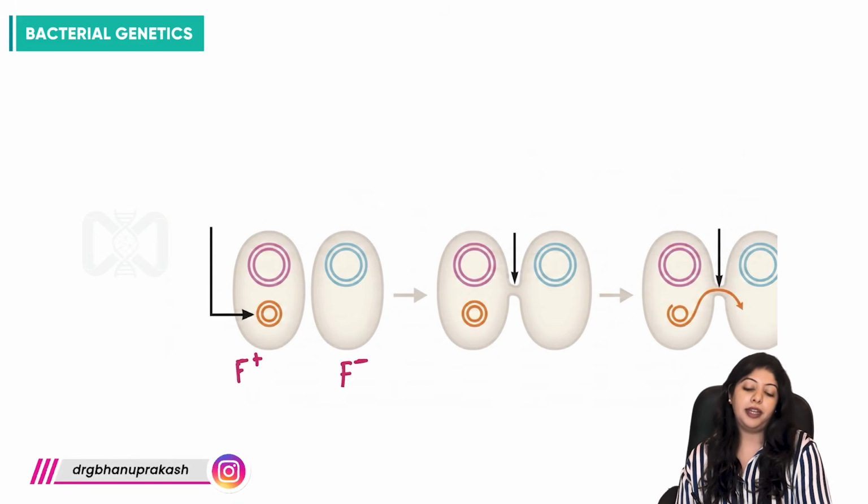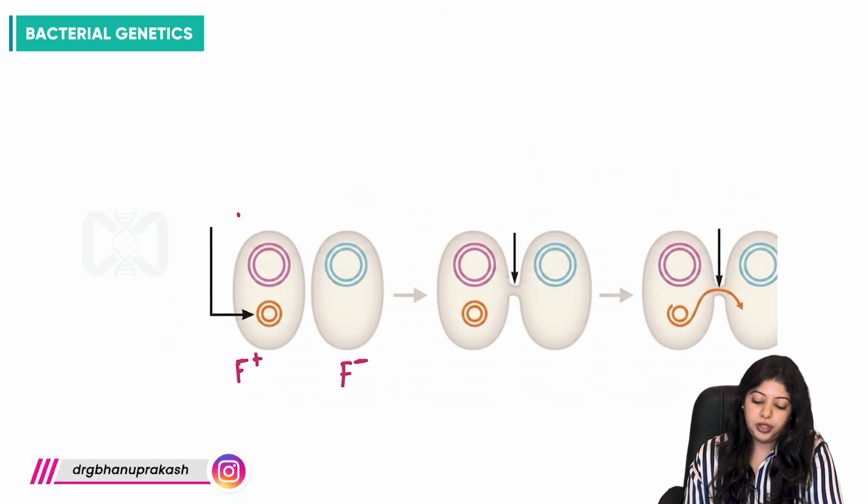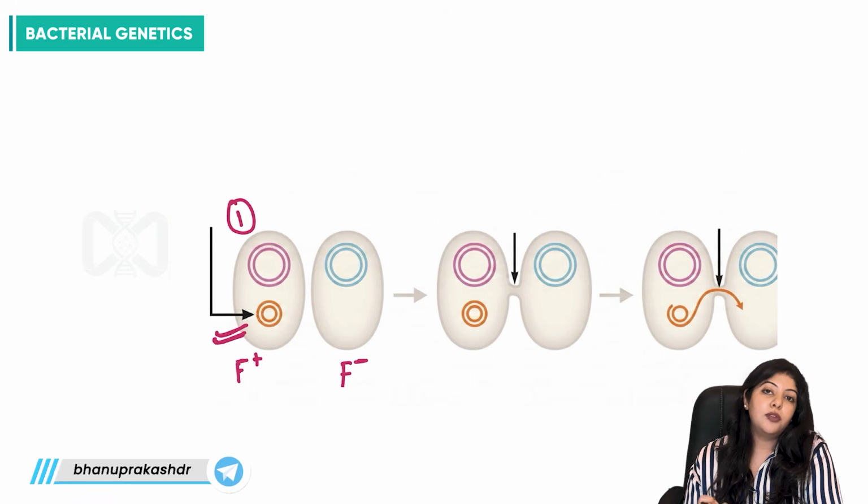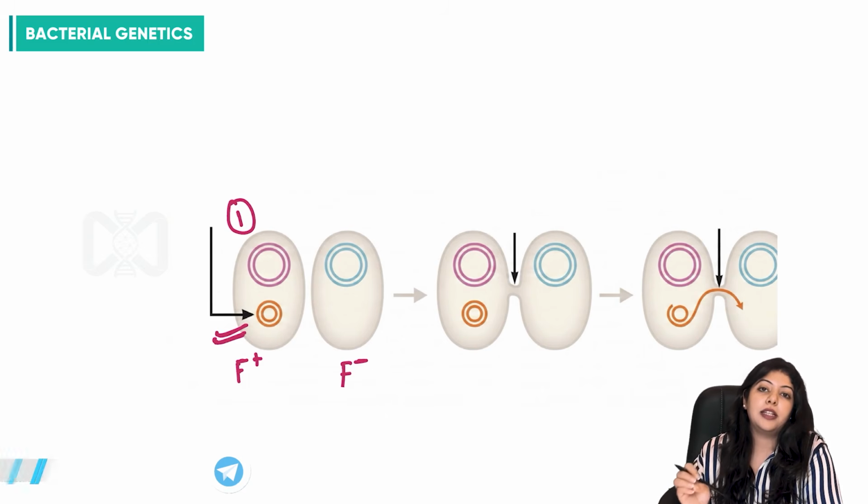And how do we define that? So this particular bacteria, number 1, has a particular plasmid which codes for a gene which is responsible for formation of TEFG.